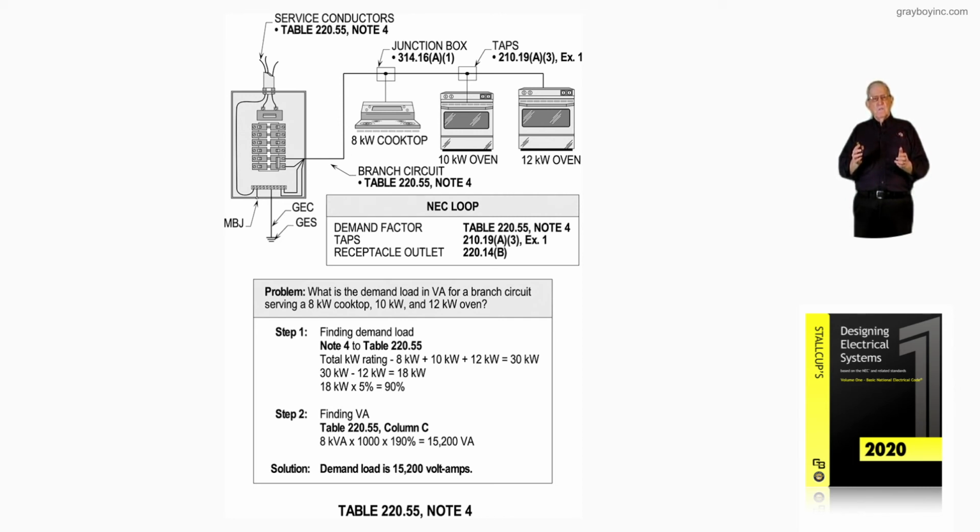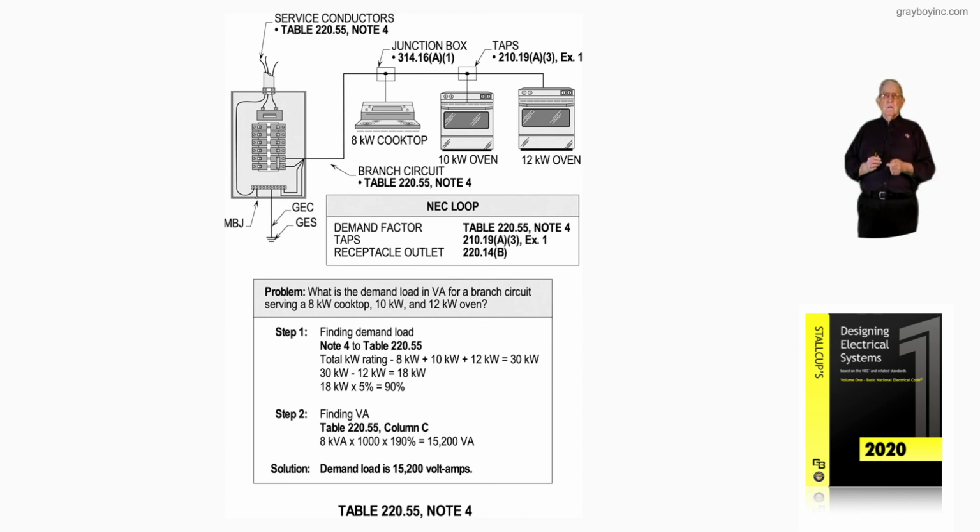So this figure 14-9 is simply showing the application of note 4 to table 220.55 when one branch circuit is feeding the oven, two ovens, and a cooktop, as you see in the illustration.